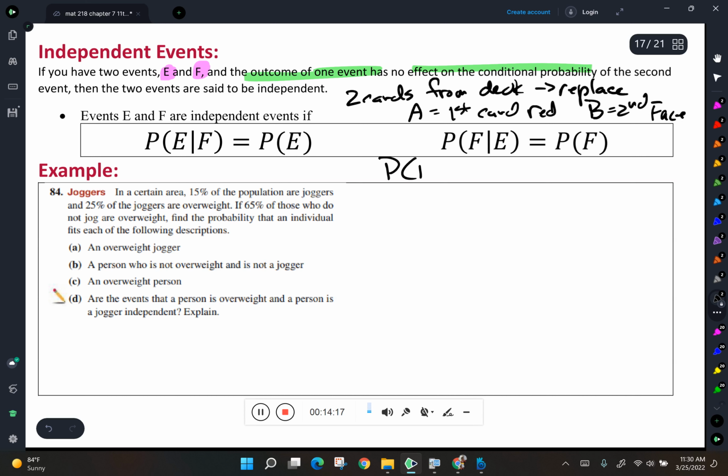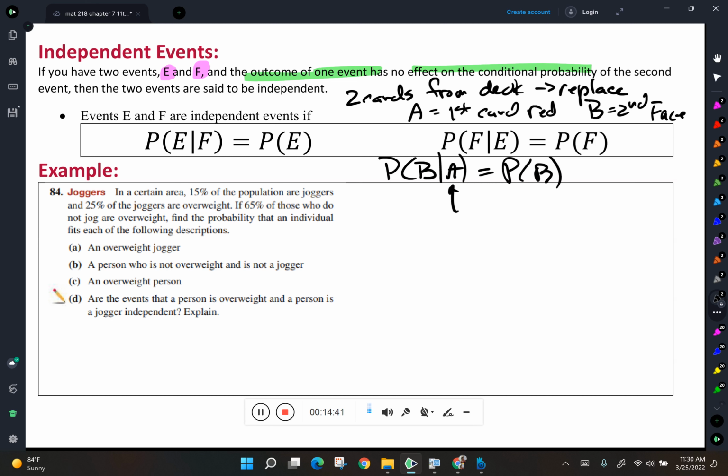The probability that the second card is a face card, given that the first card was red, is just the probability that the second card is a face card, because if I put that back into the deck, then it doesn't really matter whether I picked a red card or a black card or a face card or a 2 or a 9 or anything, because when I put it back in the deck, it ends up being irrelevant to the outcome of the second pick.